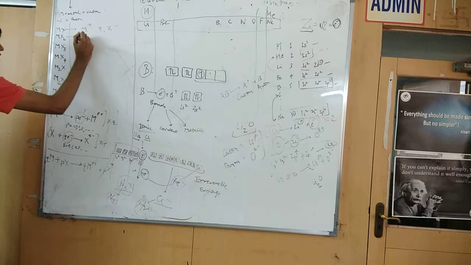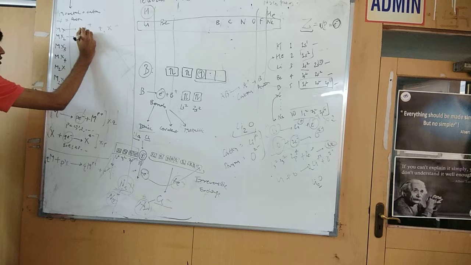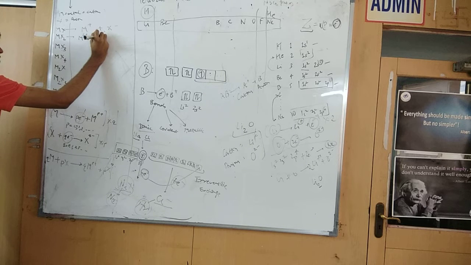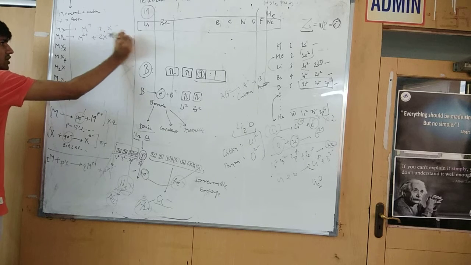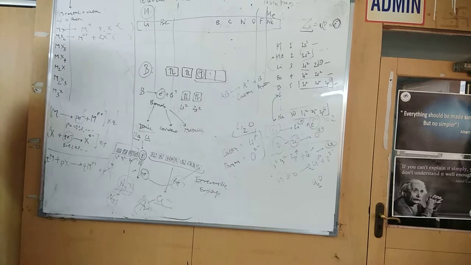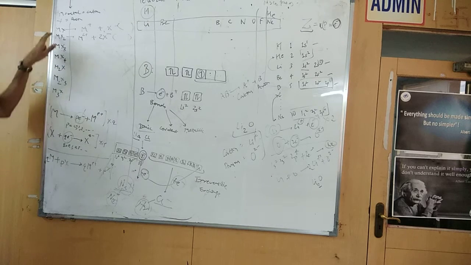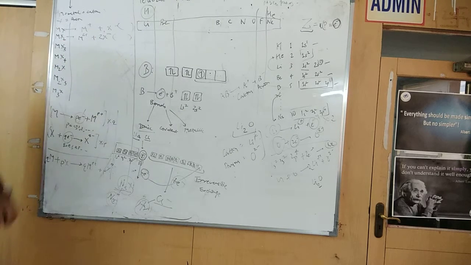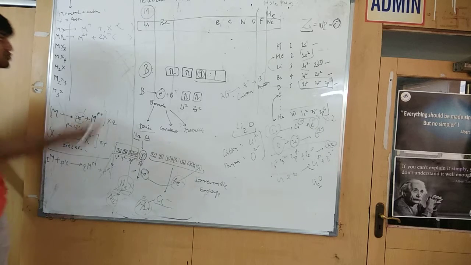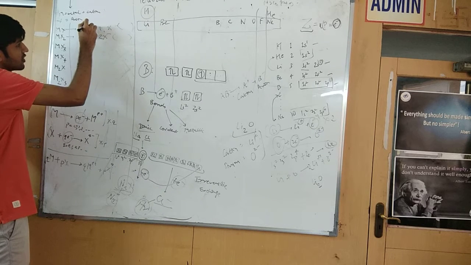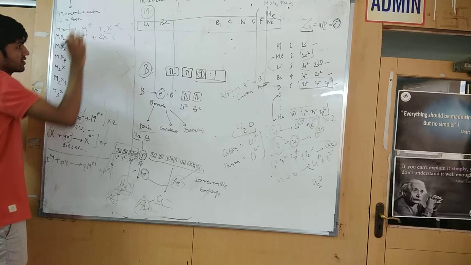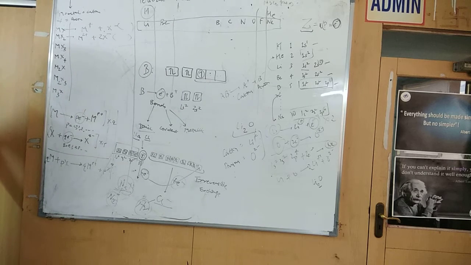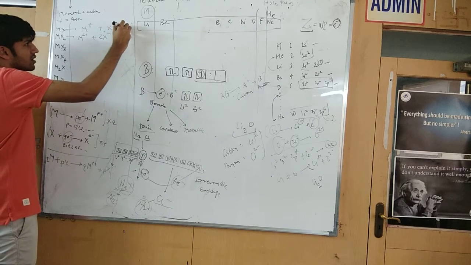Then M 2 plus 2X minus. Can you give me an example? What will be an example for MX? MgO is a good MX. Oh, sorry, I have done M plus and X minus. Okay, NaCl is a good example.